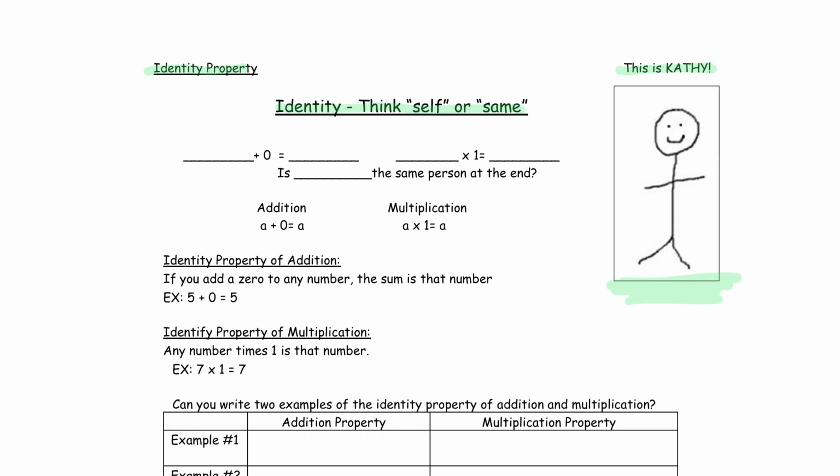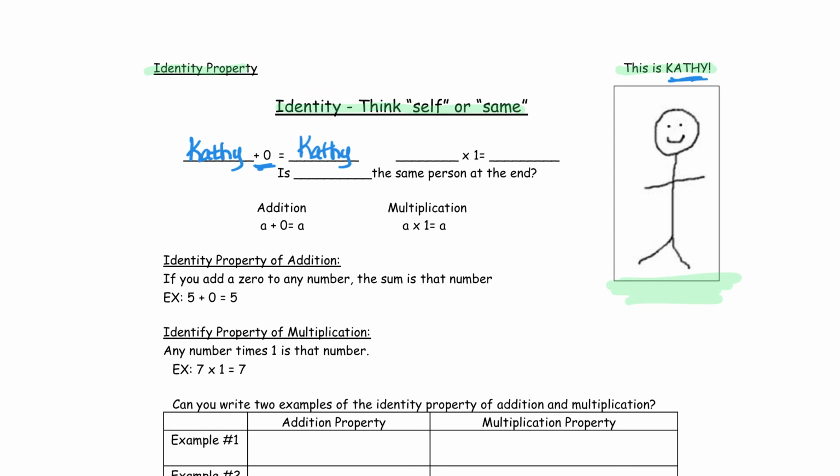So for the first example, let's continue to use Kathy. If we have Kathy and we add nobody else, we still are left with Kathy. That would be the identity property of addition.